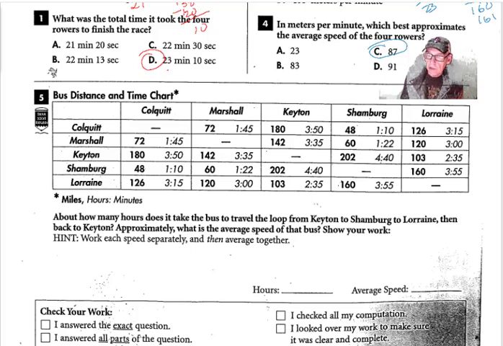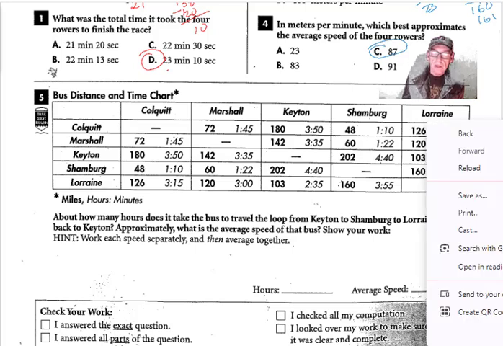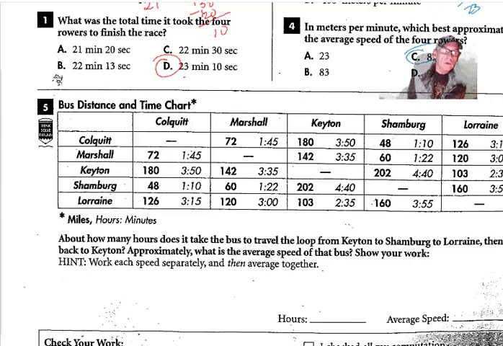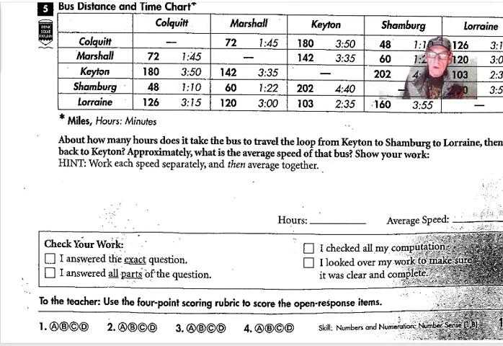How many hours does it take the bus to travel the loop from Keaton to Schaumburg to Lorraine, and then back to Keaton? Maybe we can do it down here. Let me maybe blow this up a little bit more and move it up. I'm going to try to work it down here then.